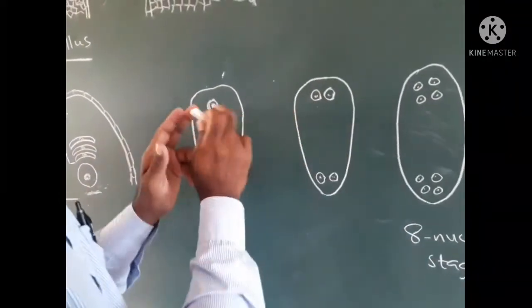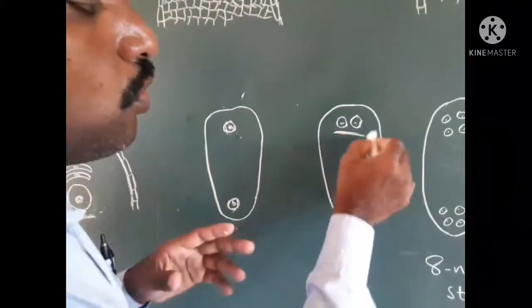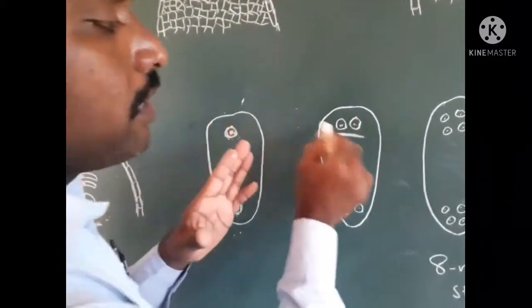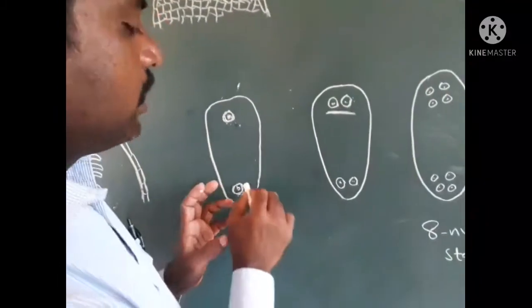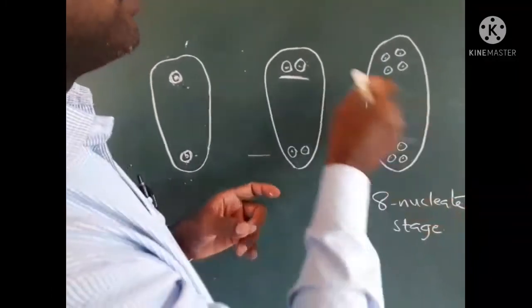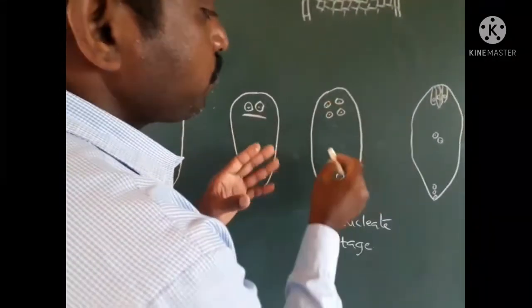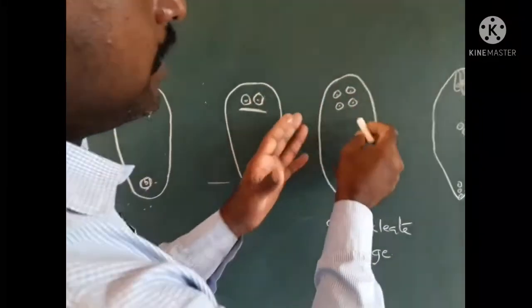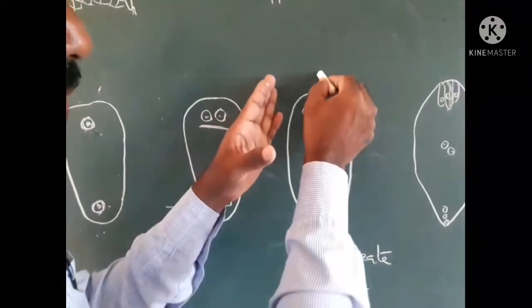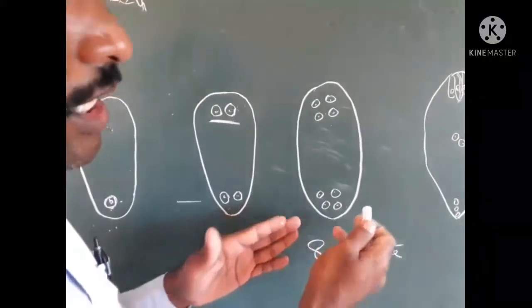Each nucleus undergoes one mitotic division to form two nuclei, and then these four nuclei divide again. Four nuclei are present at the micropylar region and another four at the chalazal region.